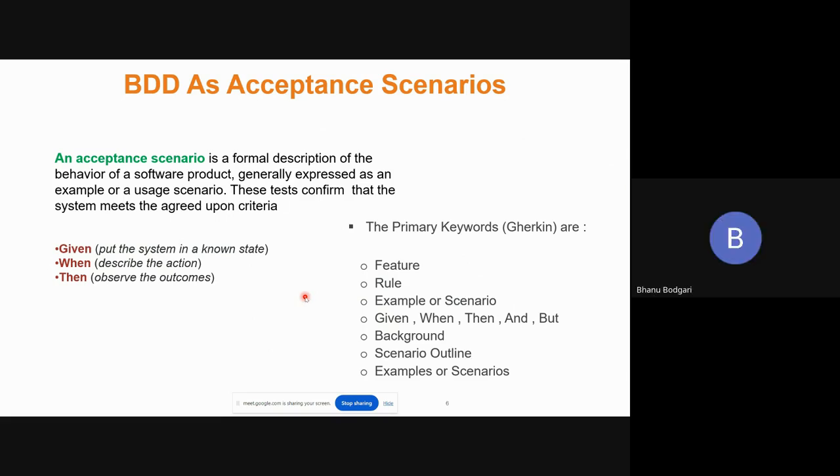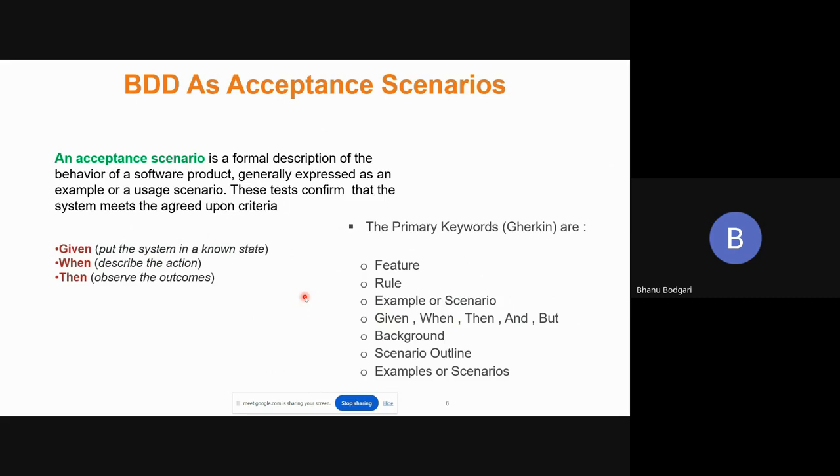Okay. So given is all about the precondition for that particular example, for that particular scenario, and when is describing an action, like what is the user trying to do in that scenario. So it describes when user clicks on so and so button, when user enters so and so details.